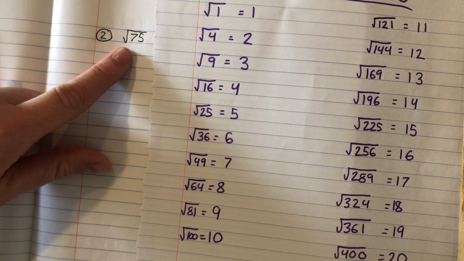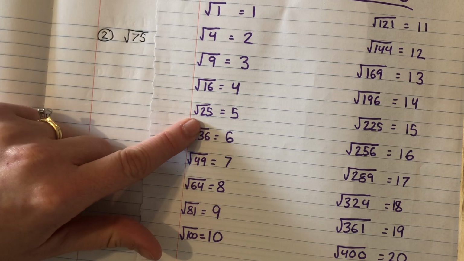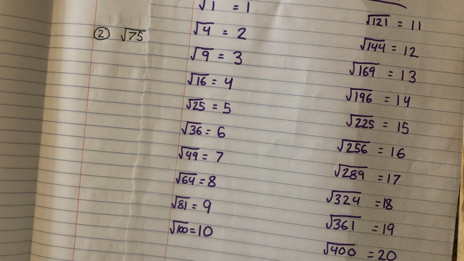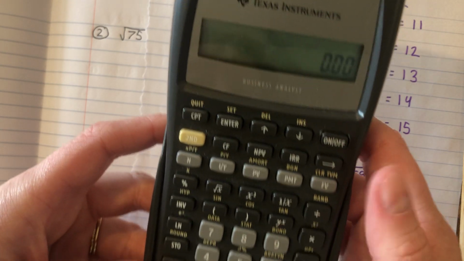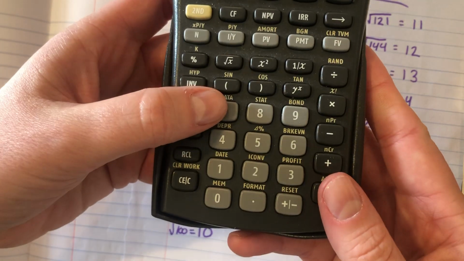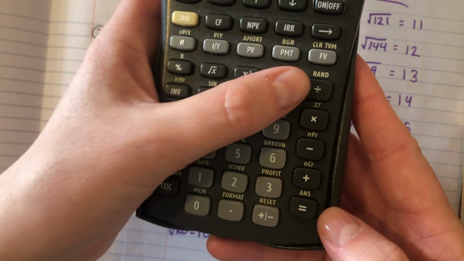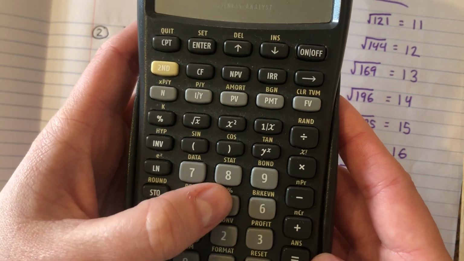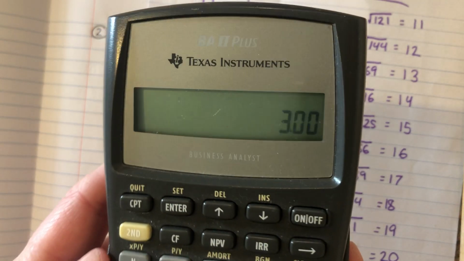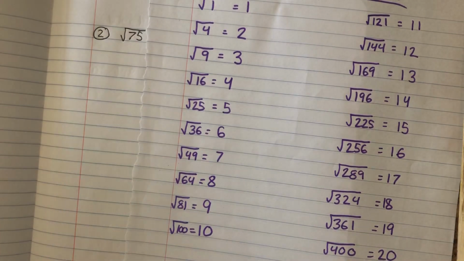But if I take 75 and I divide it by 25, I finally get a whole number. And so we can use our calculator to see that. If I take 75, divide by 25, it is 3.